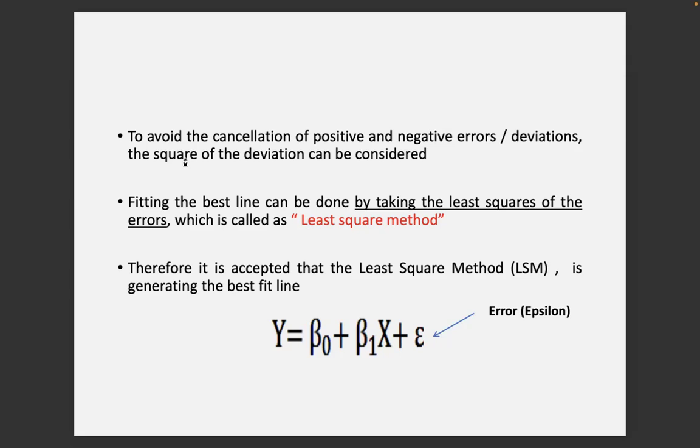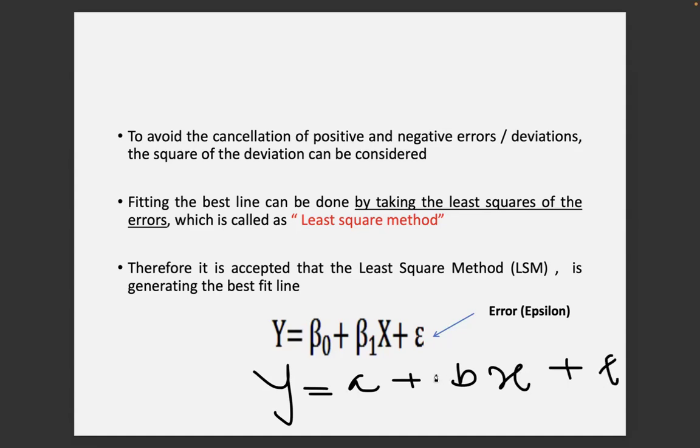So with the error, we can rewrite the linear regression equation as y equals b naught plus b1x plus epsilon, where epsilon is the error. This is the same thing we had earlier, that is y equals a plus bx plus e.